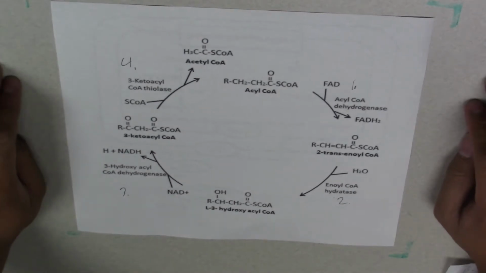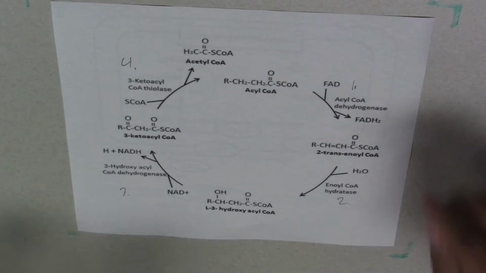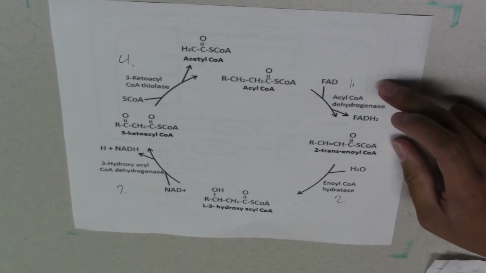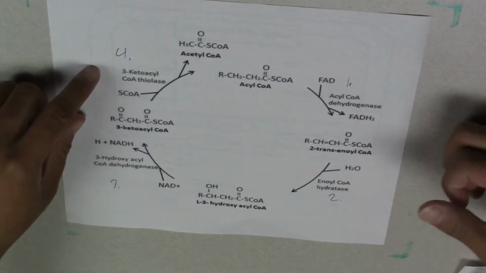So now that the fatty acid is ready for beta oxidation, this is a full cycle of beta oxidation, which is consisting of 4 steps. First step being dehydration, second step being hydration, then oxidation, and then lysis.